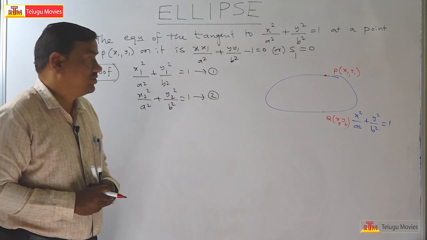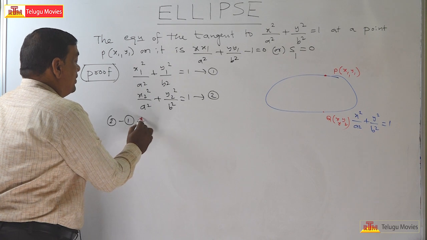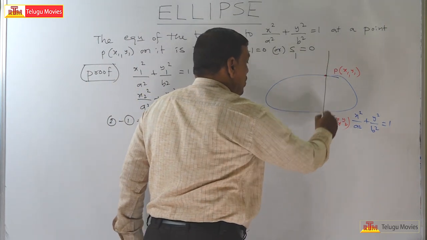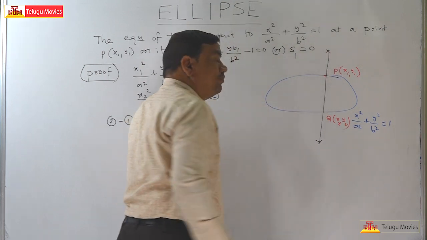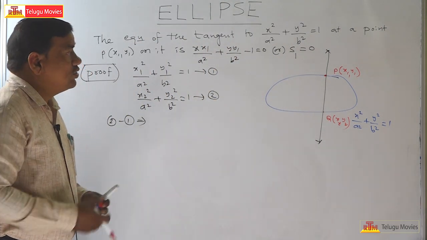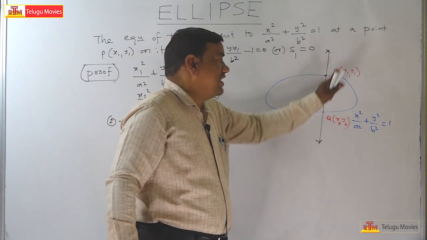Okay, now what I am going to do is 2 minus 1. On the whole, I am going to find the equation of the secant. PQ is called the secant. So I am going to find the slope of this secant, that is y2 minus y1 upon x2 minus x1.